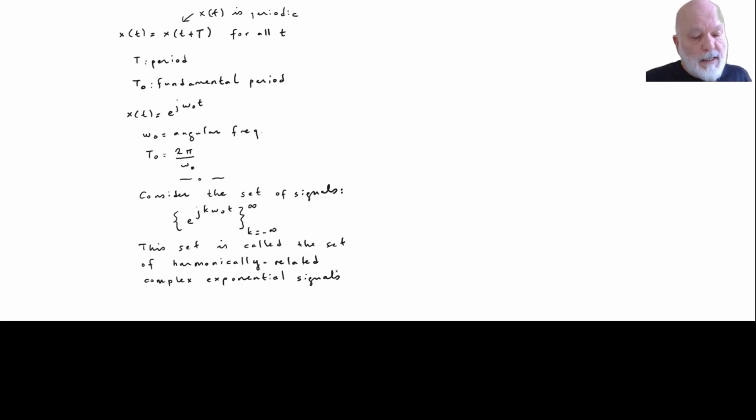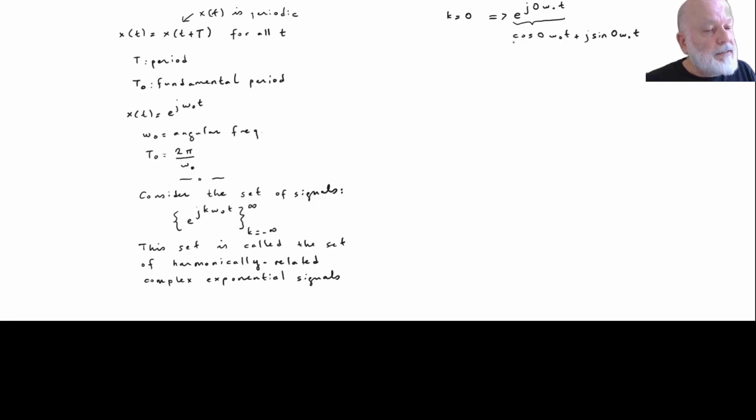For instance, when k is equal to 0, we have the signal e to the j 0 omega 0 t, which is equal to cosine 0 omega 0 t plus the imaginary unit j times sine 0 omega 0 t.